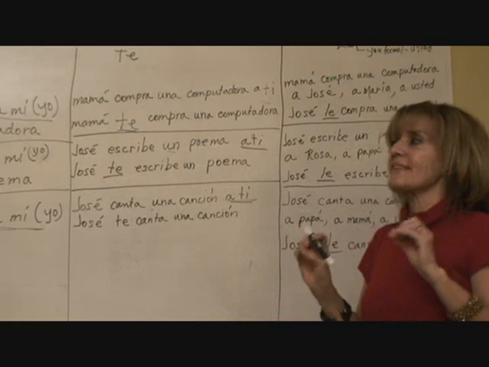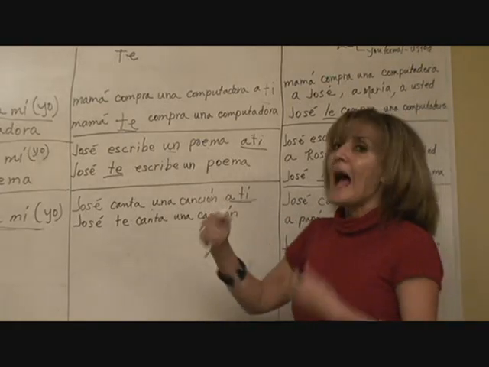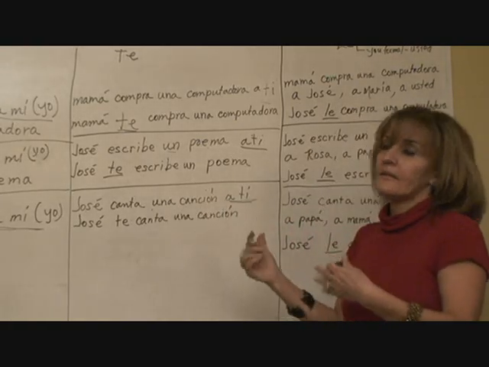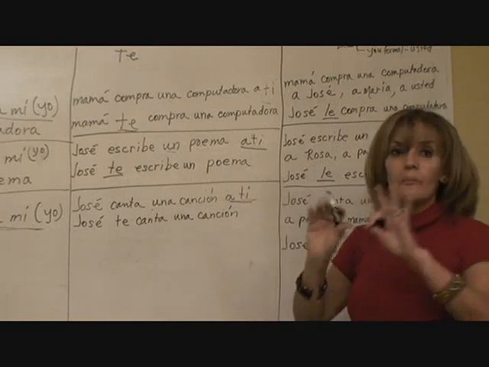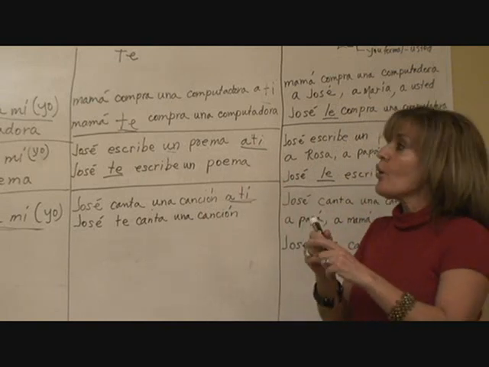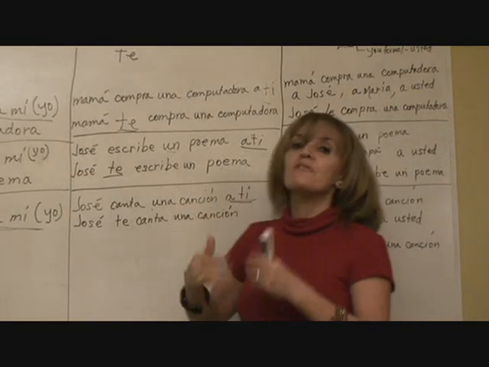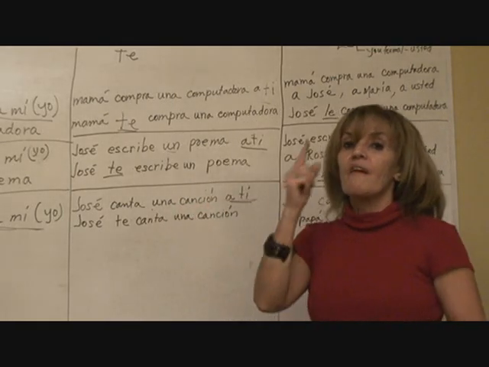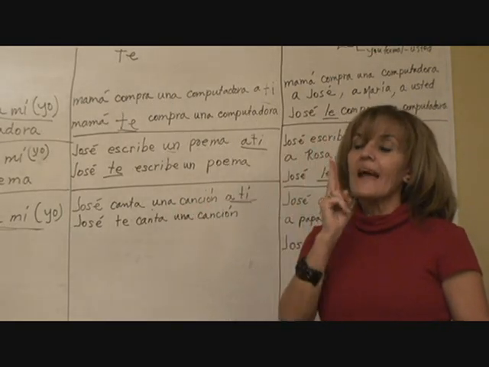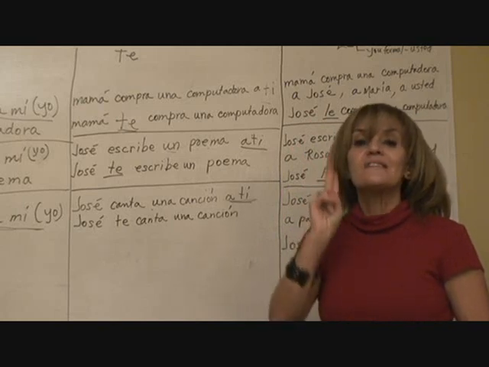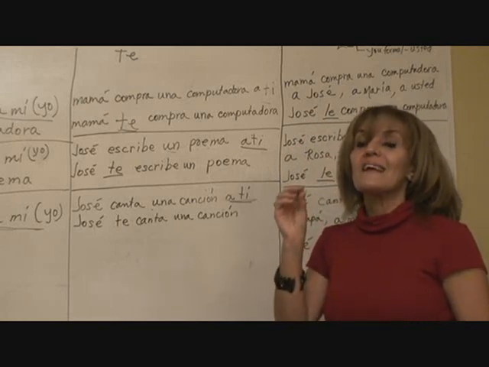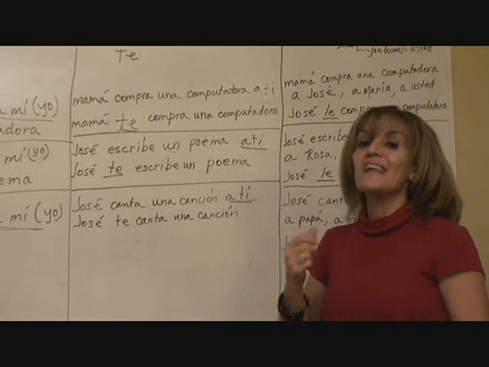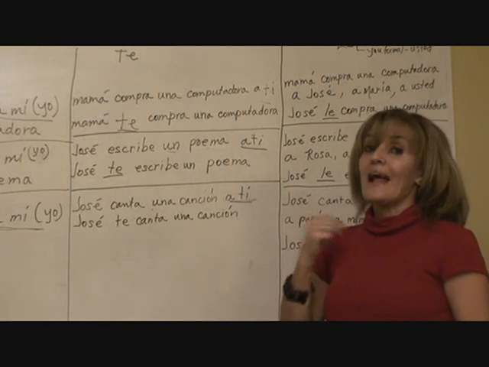Now I know some of you are saying, oh my gosh, what is that, a mí and a ti that I wrote in here? Don't panic, it's simple. When there is a preposition before the first and second person singular pronouns, instead of yo, you say a mí, not a yo.